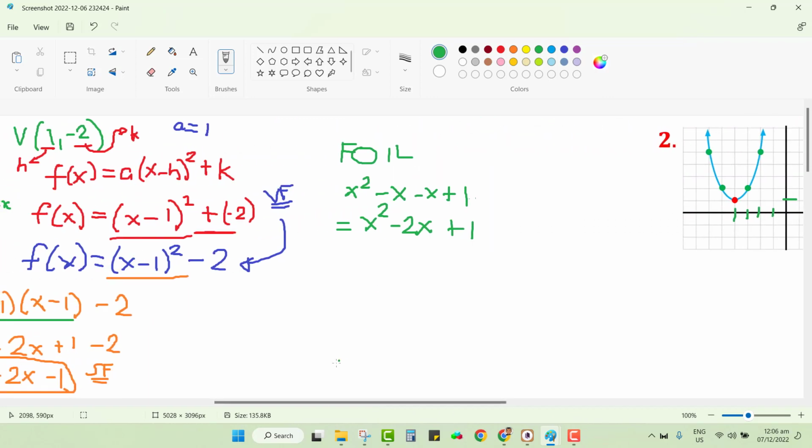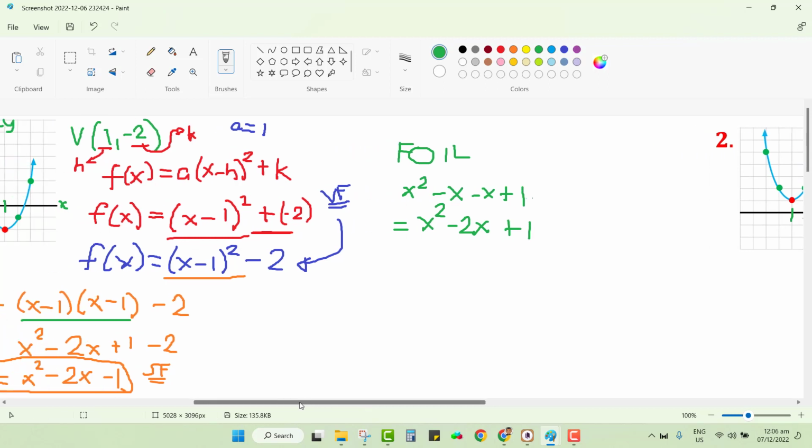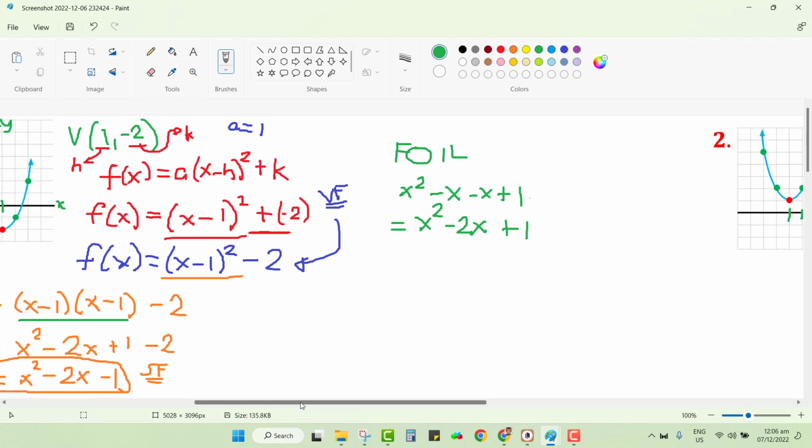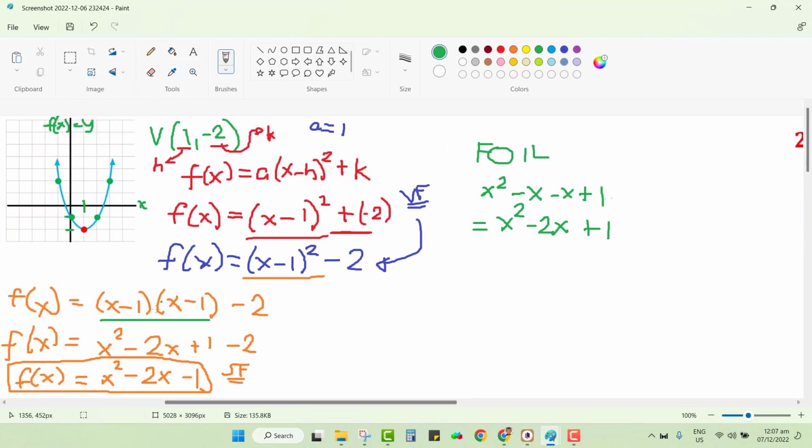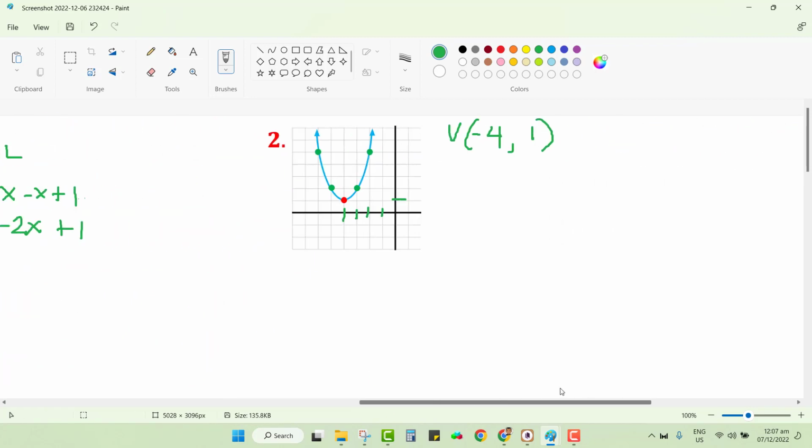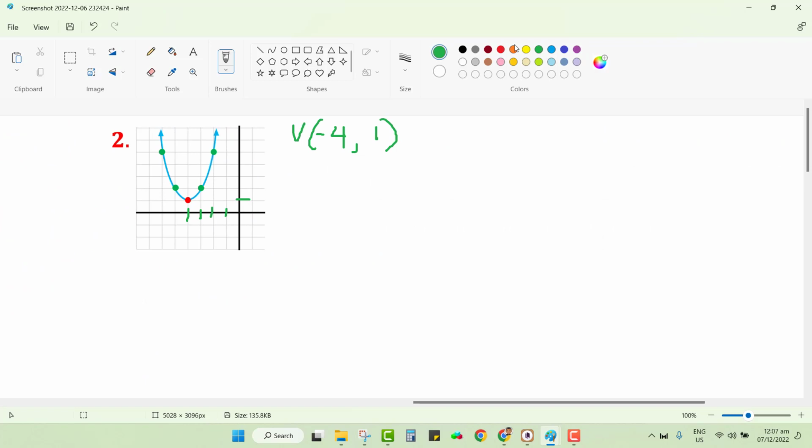First, substitute the vertex into our vertex form, get the correct vertex form, and proceed further using the FOIL method for the square of the binomial, and finalize to get your standard form. If this is your vertex, don't forget that this negative 4 is your h, and 1 is your k.